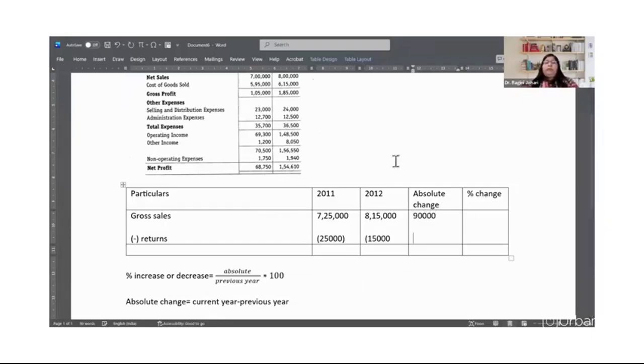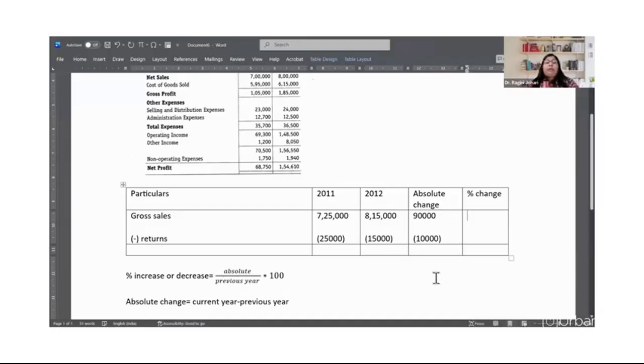Now I will find the absolute change here also. That is 15,000, and in the previous year it was 25,000 return. So in the current year, 10,000 less return has been seen. So this is 10,000.